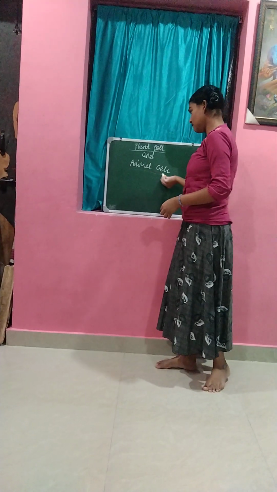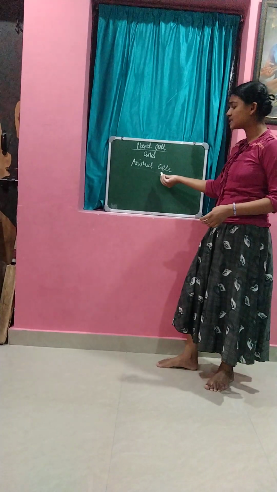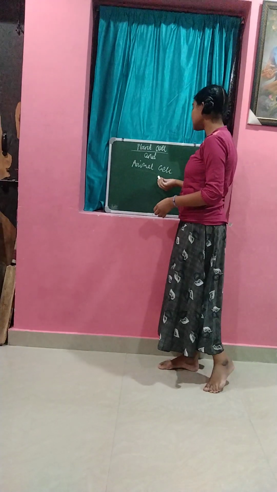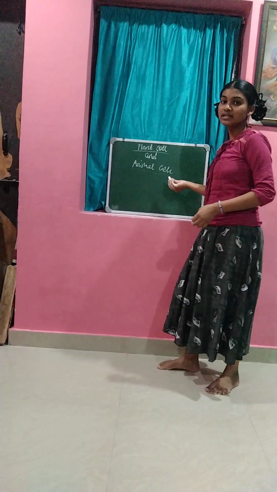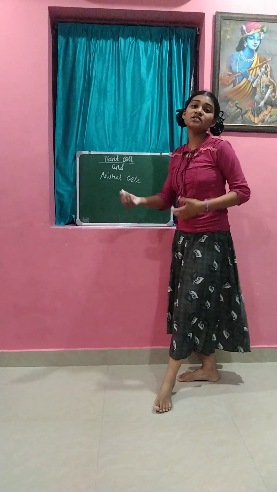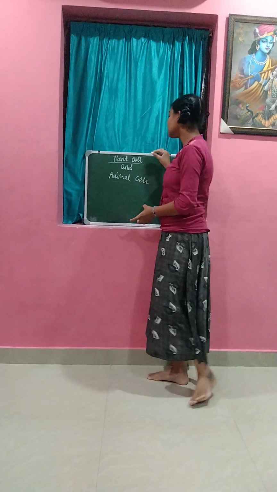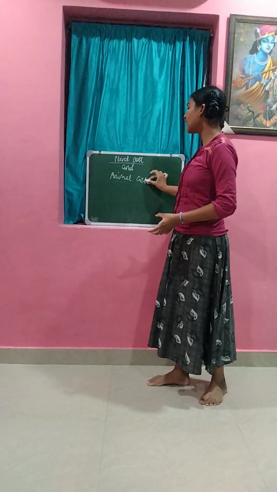Whereas in animal cell plastids are absent, cell wall is not present, and smaller vacuole is present. Understood? What do you mean by vacuole? I told you I'll discuss that in part 3. Vacuole is nothing but it stores food.